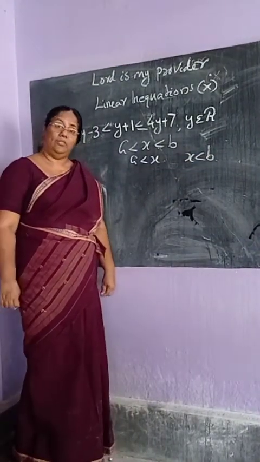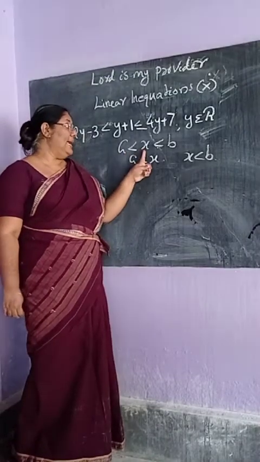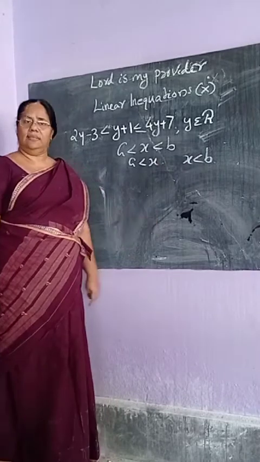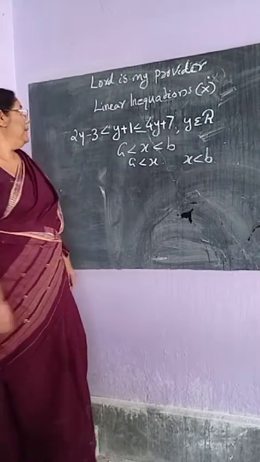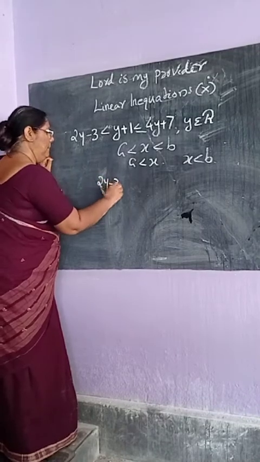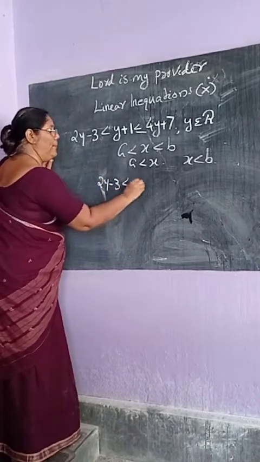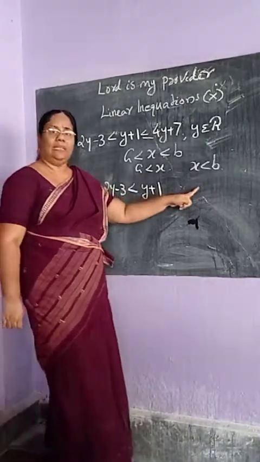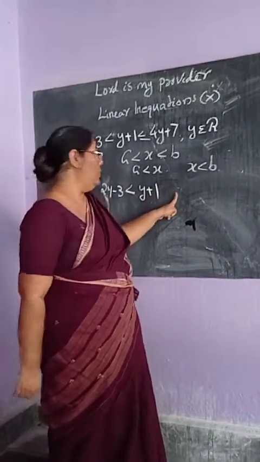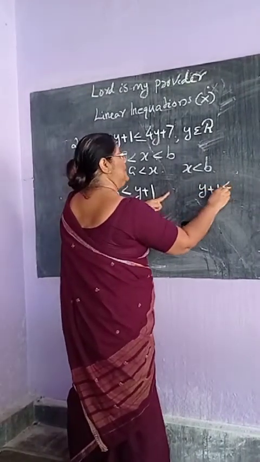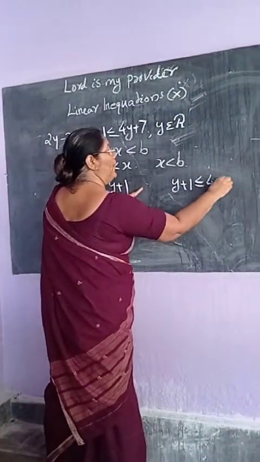Now 2y minus 3 less than y plus 1 on the first side. Leave some space in between these two. The next side, y plus 1 less than or equal to 4y plus 7.